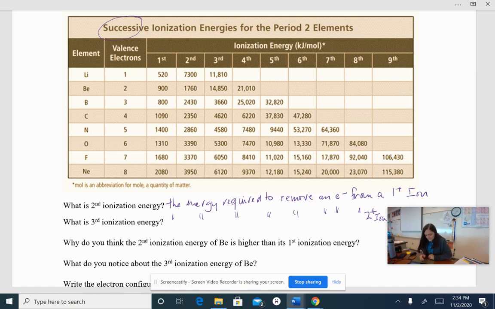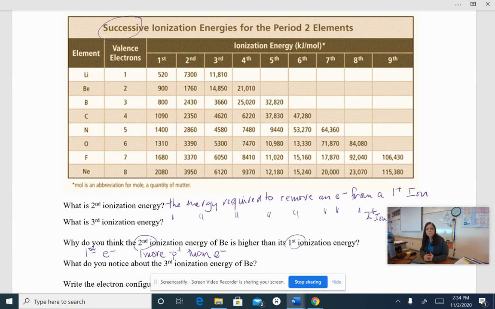So do you think the second ionization energy of beryllium is going to be higher than the first ionization energy? Why do you think so? Okay, just think about this. When I take that first electron off, I now have one more proton than electron.